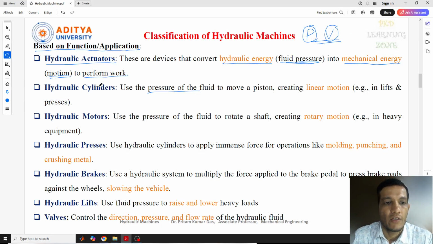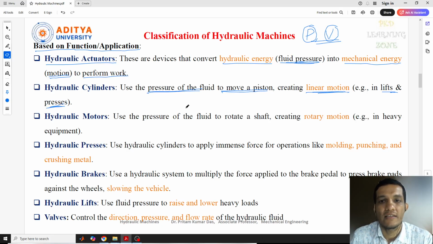In hydraulic cylinders, the pressure of the fluid moves a piston, and by that linear motion is created. Examples of linear motion are lifts and presses.